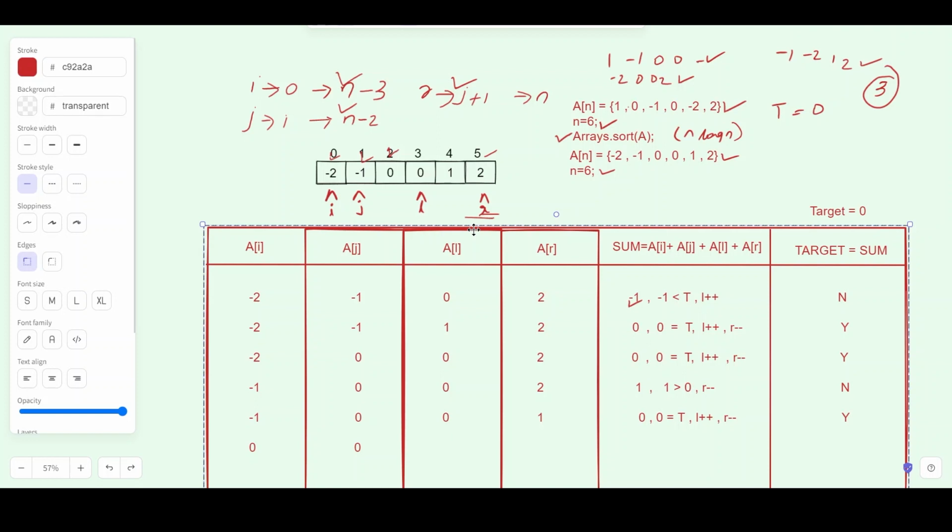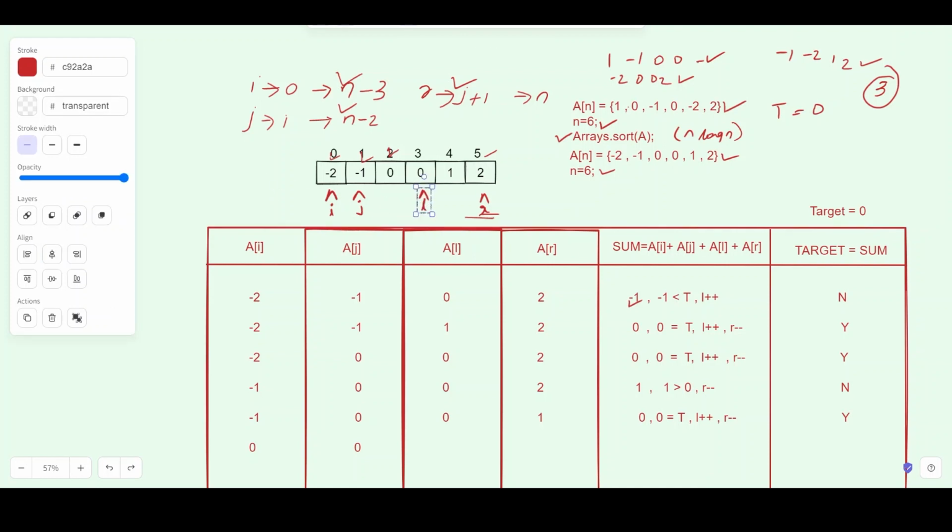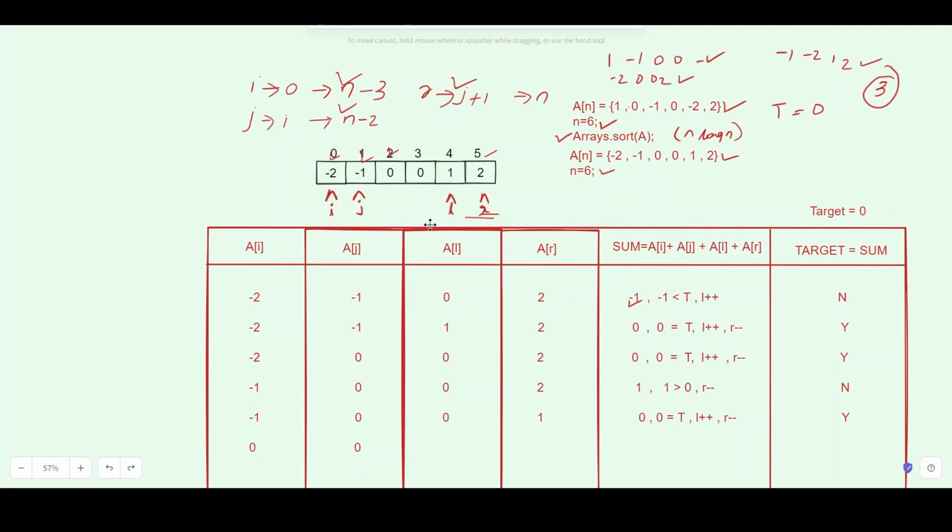That's why we are adding a check condition on the pointer L. If the previous element and current element are the same, we skip that and go to the next value. Because of that we are not taking this value, and we are changing the position of L, and now the position becomes the fourth position.